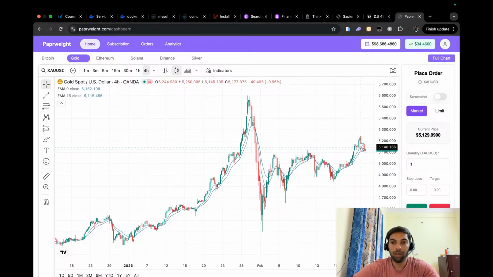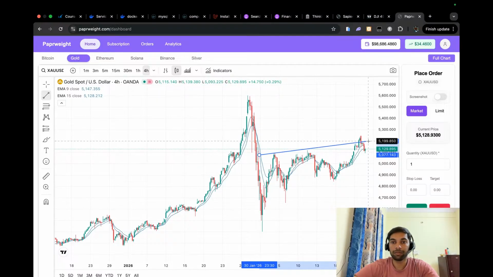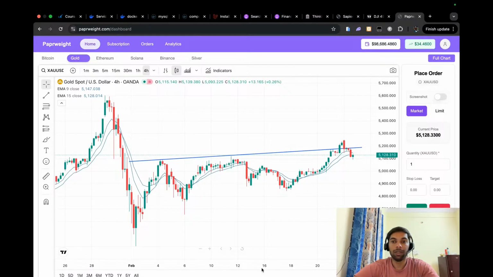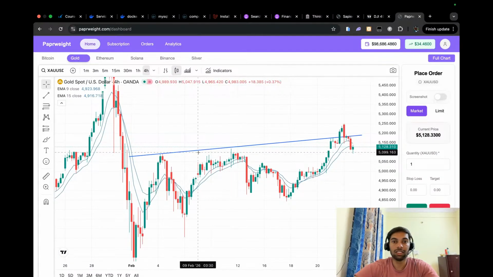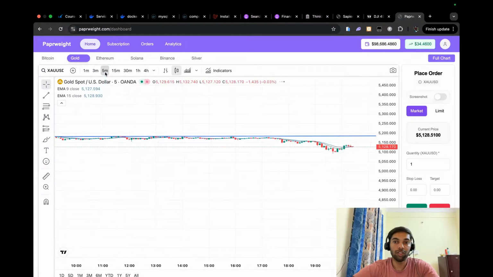So it is trapping all the buyers who jumped in at the higher time frame after this momentum broke out of the upper resistance. There are sellers present at this point, and the market took a breakout. Now it is falling. So gold can fall for sure.